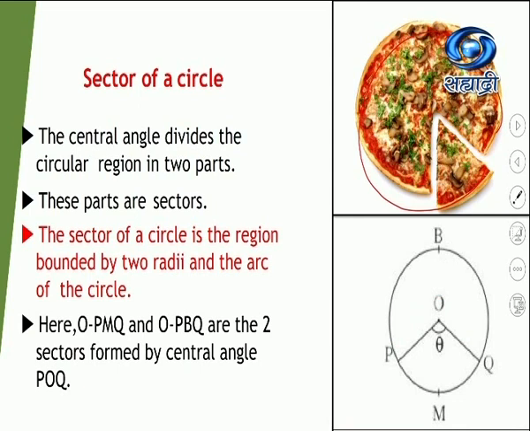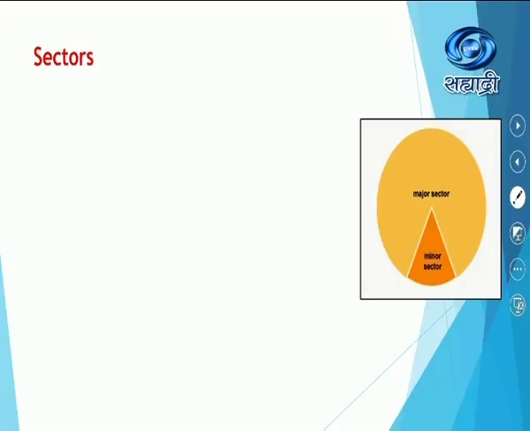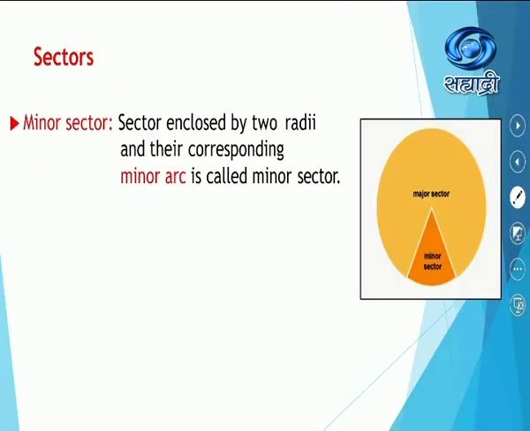Now there is a specific way to write down the sector. How do you name it? You must write the name of the center and then write the name of the arc. So O'PMQ and O'PBQ are the two sectors formed by the central angle. Now the sectors are also of two types.